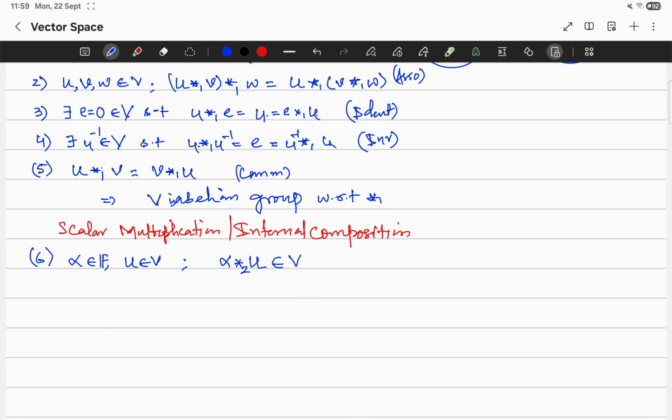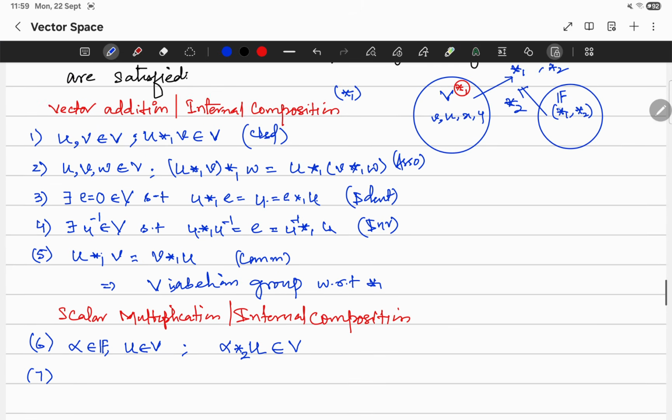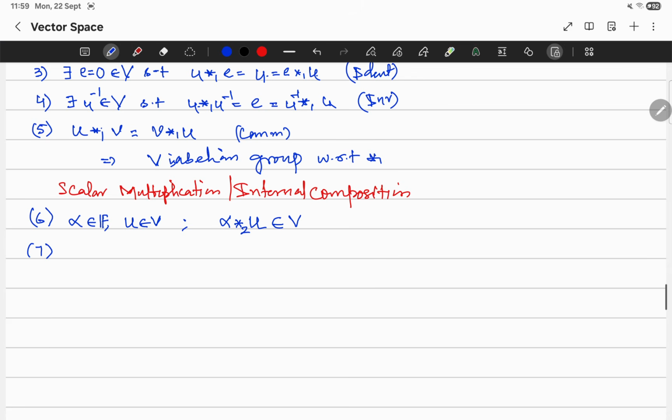Now the seventh condition is that if you will take the two elements, since you know that F is a field, so that means it is closed with respect to the star 2. So take the two elements, let's say alpha and beta are from the field F. Take the two elements and operate them with the star 2.